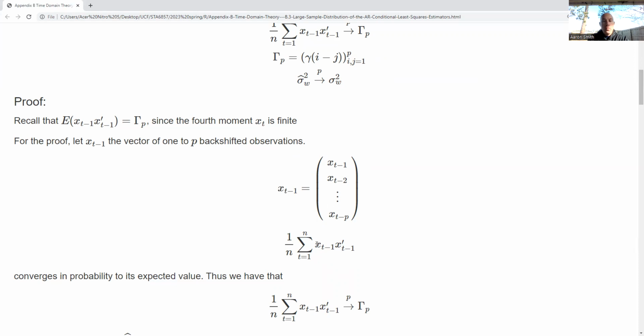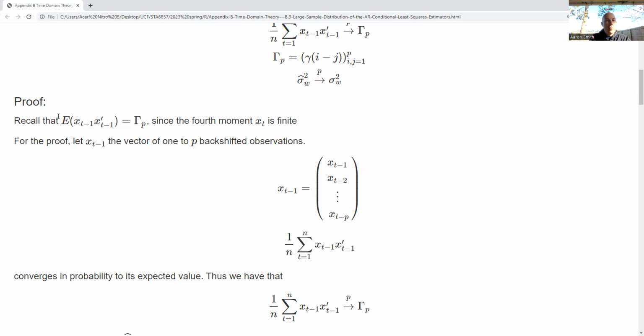And then here, because of that finite fourth moment, this is going to converge to its expected value. The reason for that is that I'm in fact invoking an average. Therefore, we're going to have convergence in probability to its expected value.